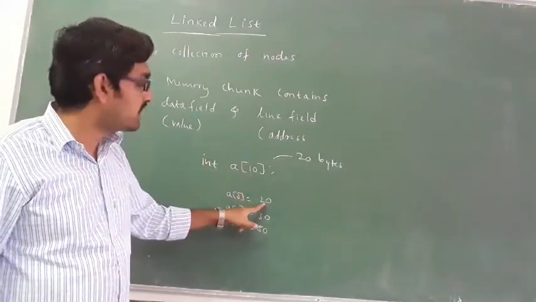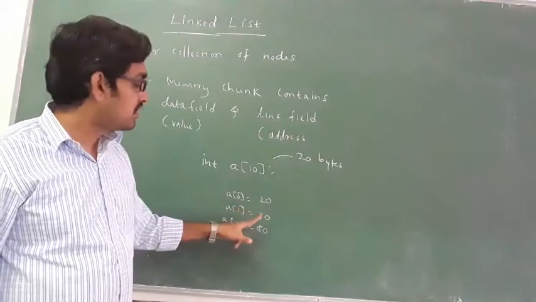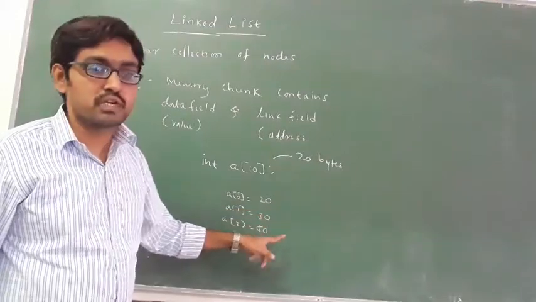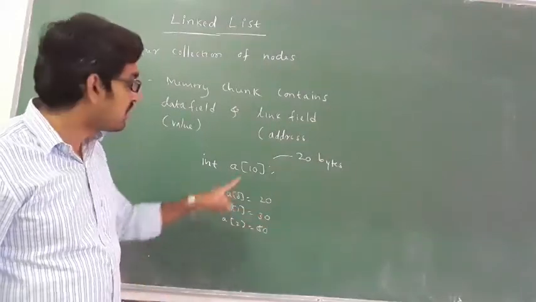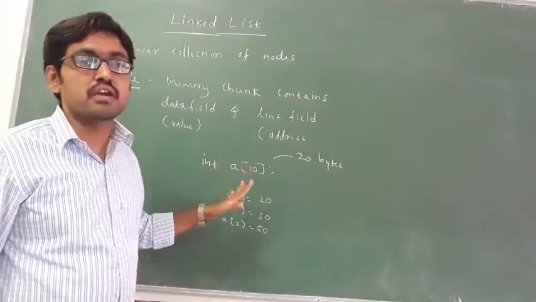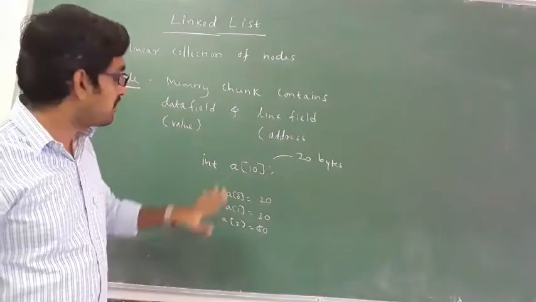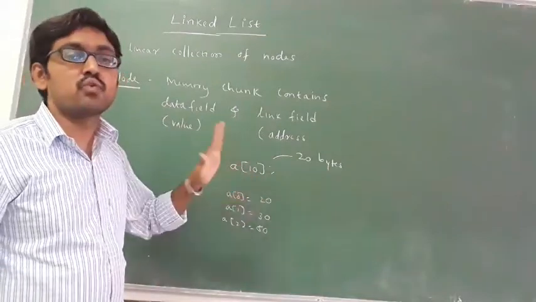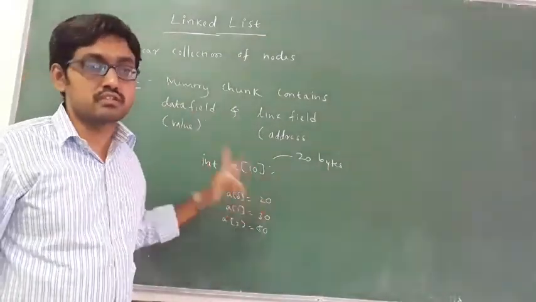For example, 20 gets 2 bytes, 30 gets 2 bytes, 50 gets 2 bytes, like this. 10 into 2 bytes, 20 bytes are allocated. It can store 10 elements.